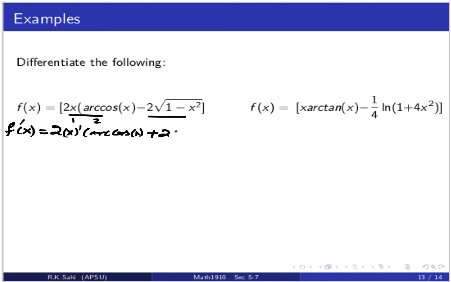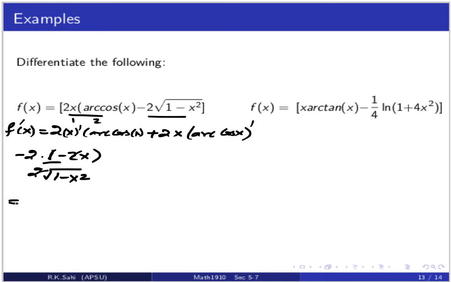plus 2x times the differential of arc cosine x, and then minus 2, now the differential of square root of 1 minus x squared. We all know it is 1 over 2 square root 1 minus x squared. The differential of the inside part, 1 minus x squared, remember chain rule, is minus 2x.